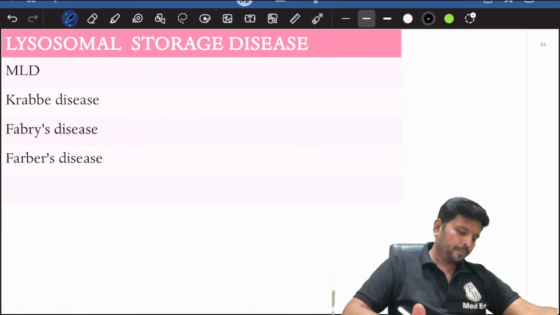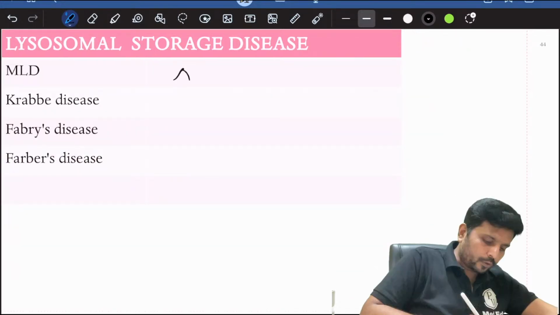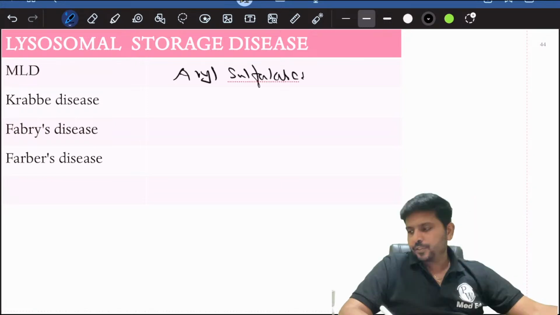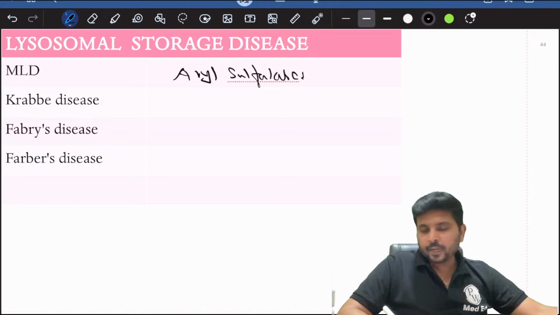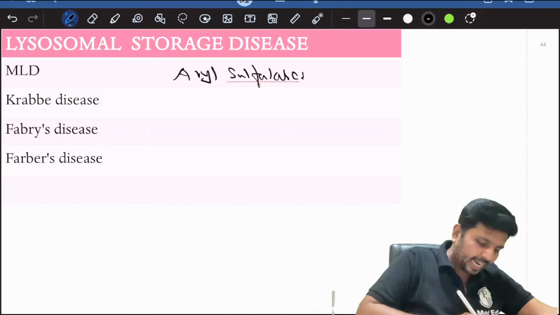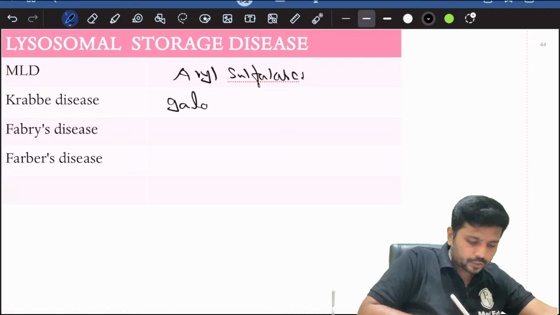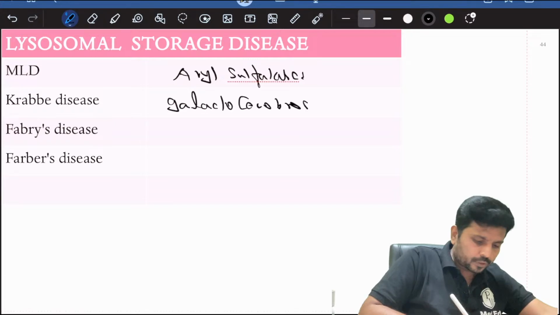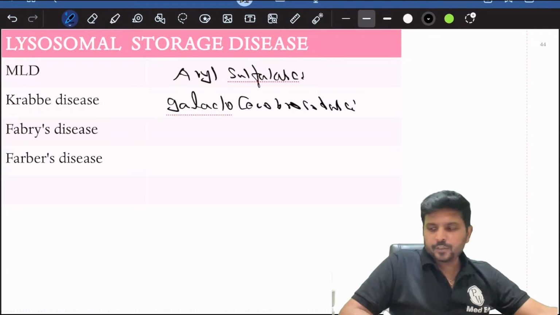Metachromatic leukodystrophy is arylsulfatase deficiency. Krabbe disease is due to galactocerebrosidase deficiency.